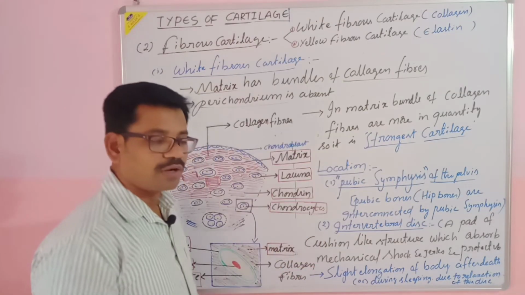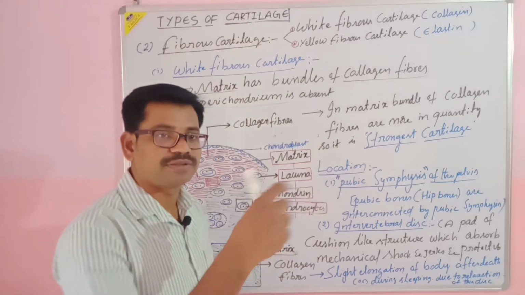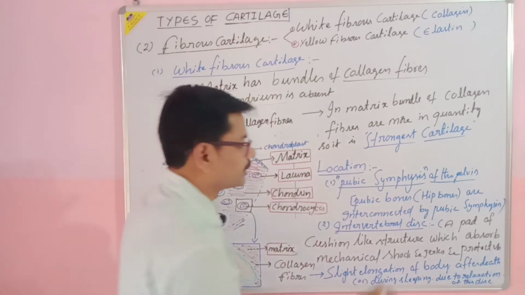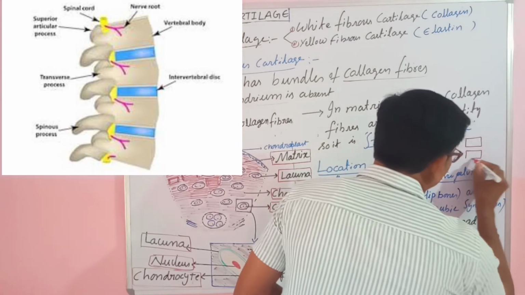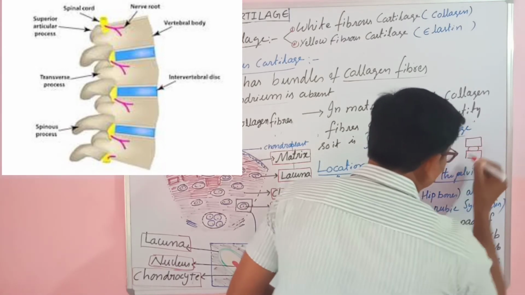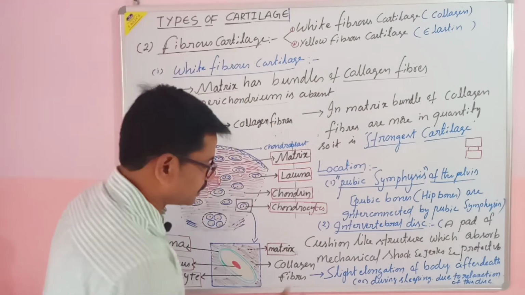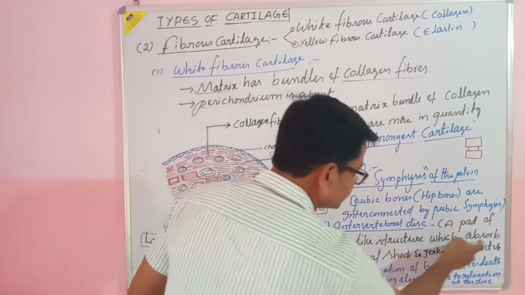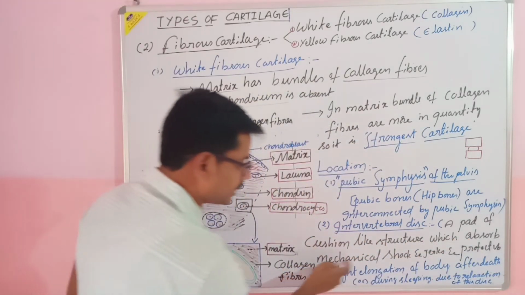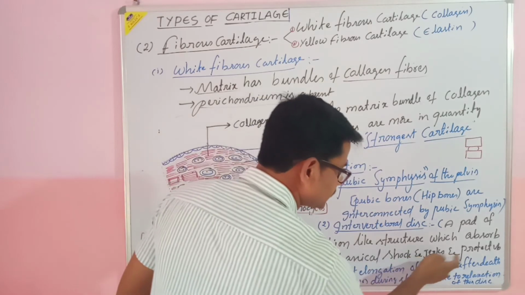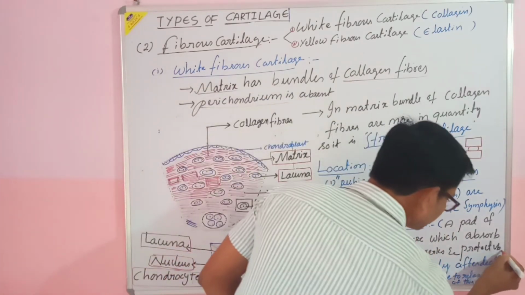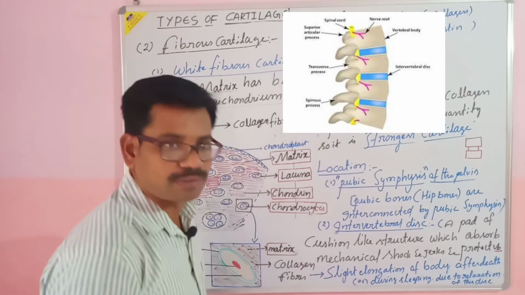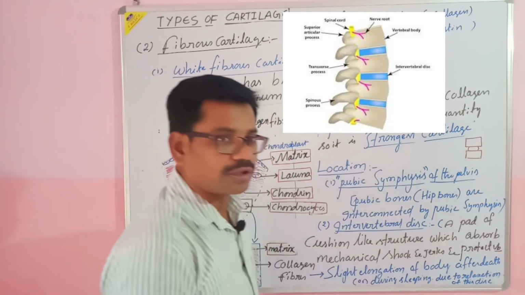You know, the vertebral column is made up of pieces of bones called vertebrae, right? Between vertebra and vertebra there is a cushion-like or pad-like structure which absorbs mechanical shocks and jerks for the protection of the vertebral column. Here I wrote VB to represent the vertebral column.